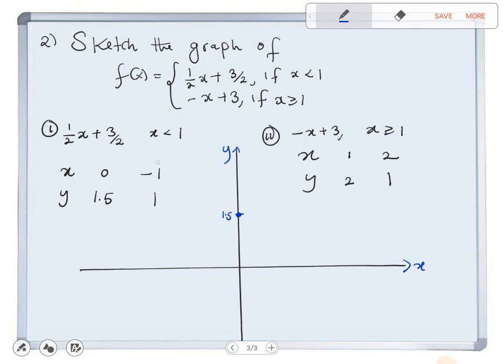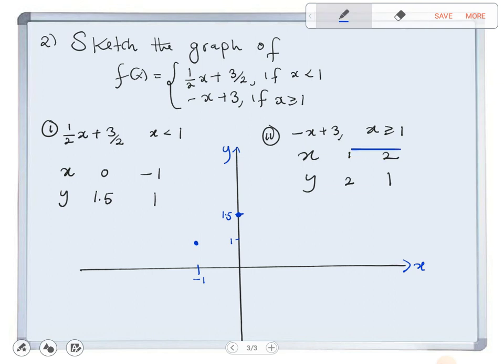Then the other one is negative 1, so we can say negative 1 is somewhere here, and 1 can be somewhere there. That's a point, so we draw it. Where they are meeting, that's where we are going to have the join. You know what I mean?